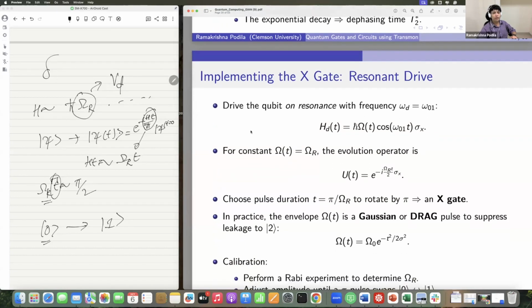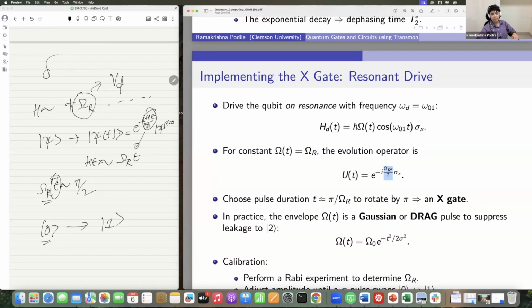So we know that our perturbation that we are applying with our microwave resonator is something like this. And this omega is related to the Rabi frequency between 0 and 1. So our unitary evolution operator is related to this omega r t by 2, and we want this to be pi.